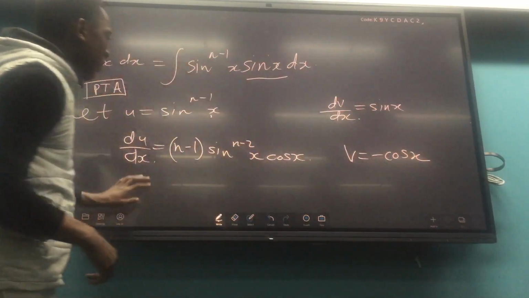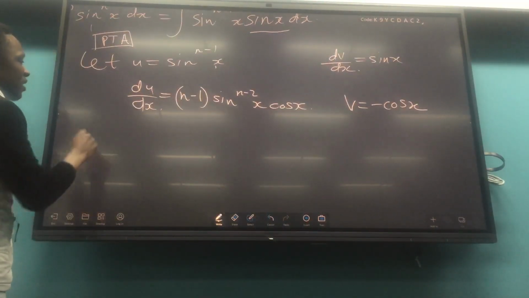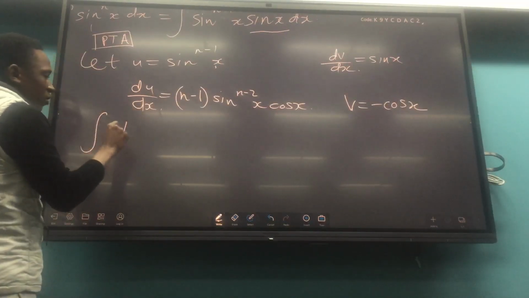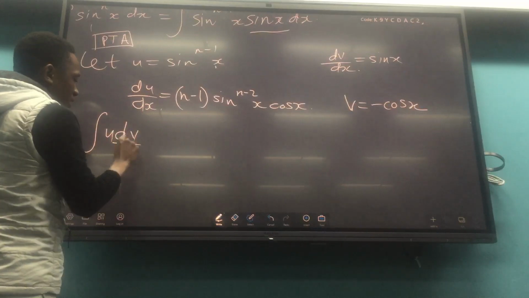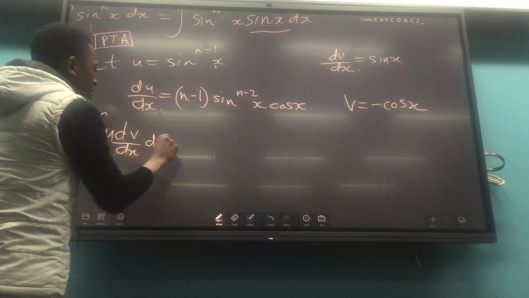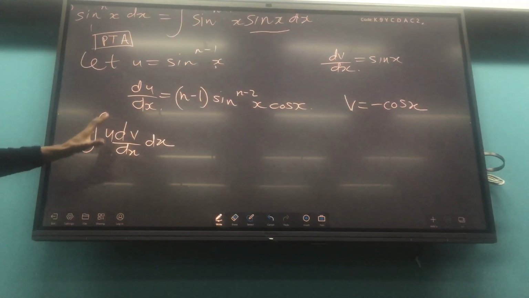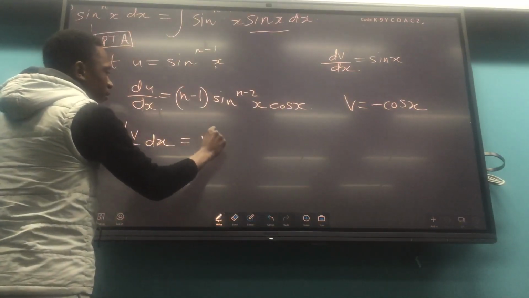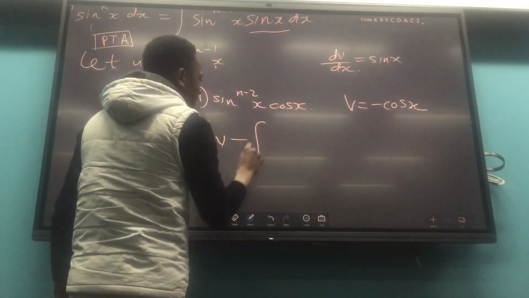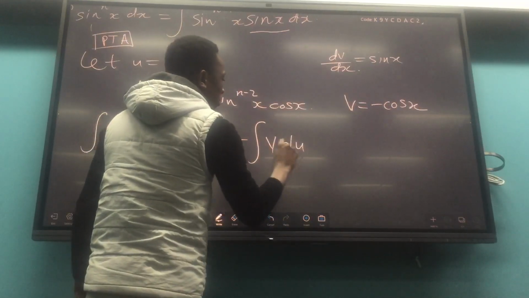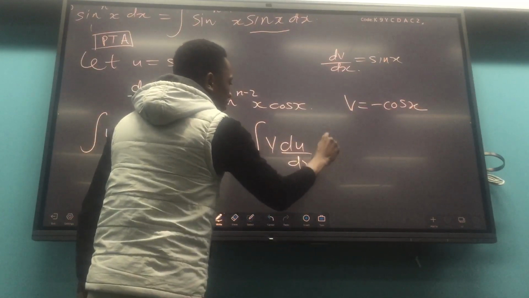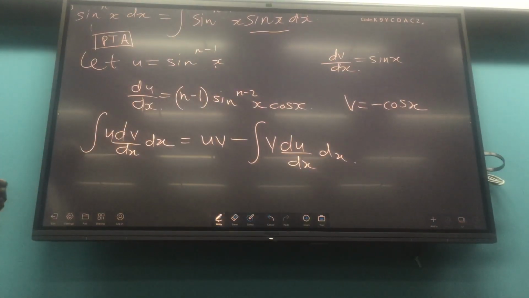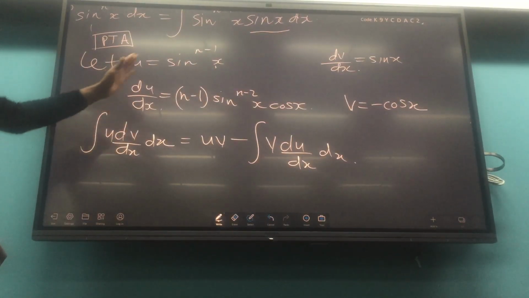Now we apply integration by parts. The formula says the integral of u dv dx dx, which is the form of the question, equals uv minus the integral of v du over dx. Now we plug in all these terms.